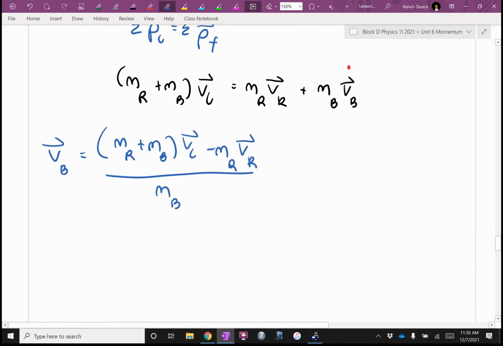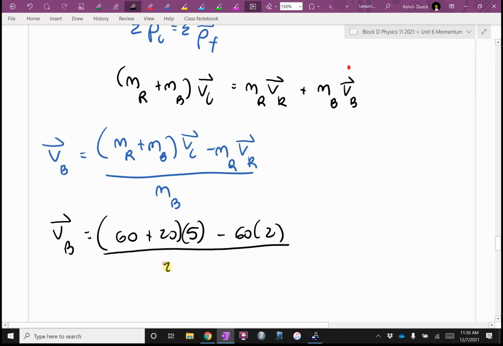Let's plug in our numbers. What was the mass of the rider? 60 kilograms. Bike? 20. VI was 5? Yep. Minus 60, was it 2? Yep.